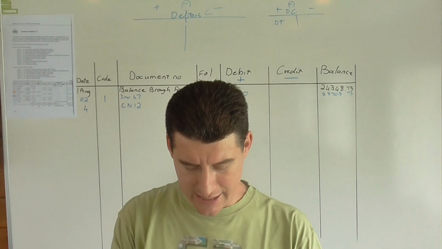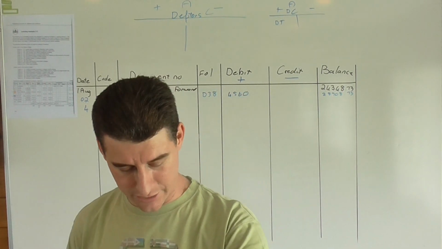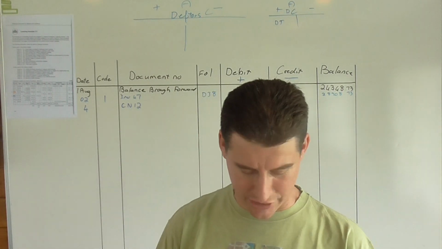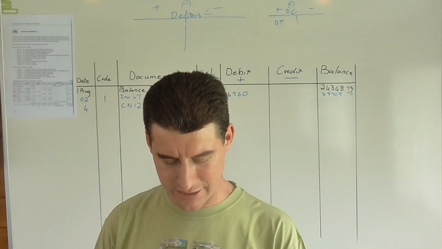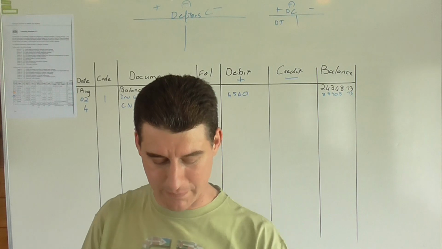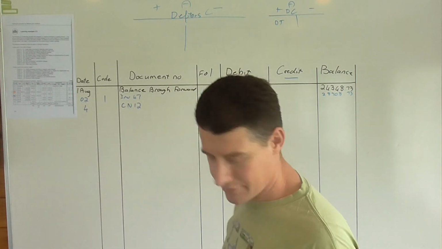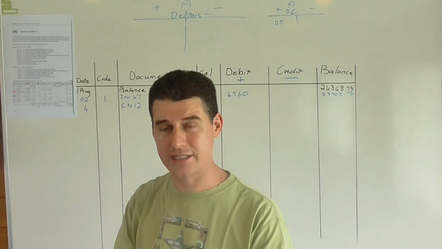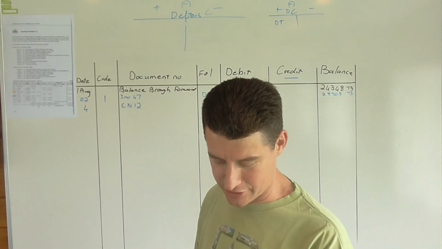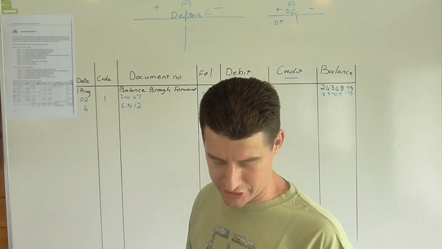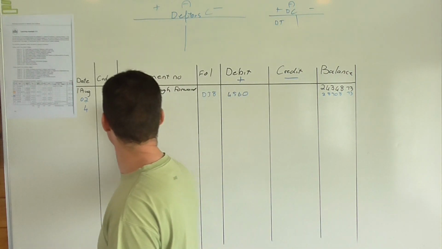So it says Solomon returned goods. Code number 3 is for returns or rebates according to duplicate credit notes. So that sounds about right. Solomon returned goods purchased on the 2nd and credit note CN12 was issued. Okay, so that'll be code number 3.